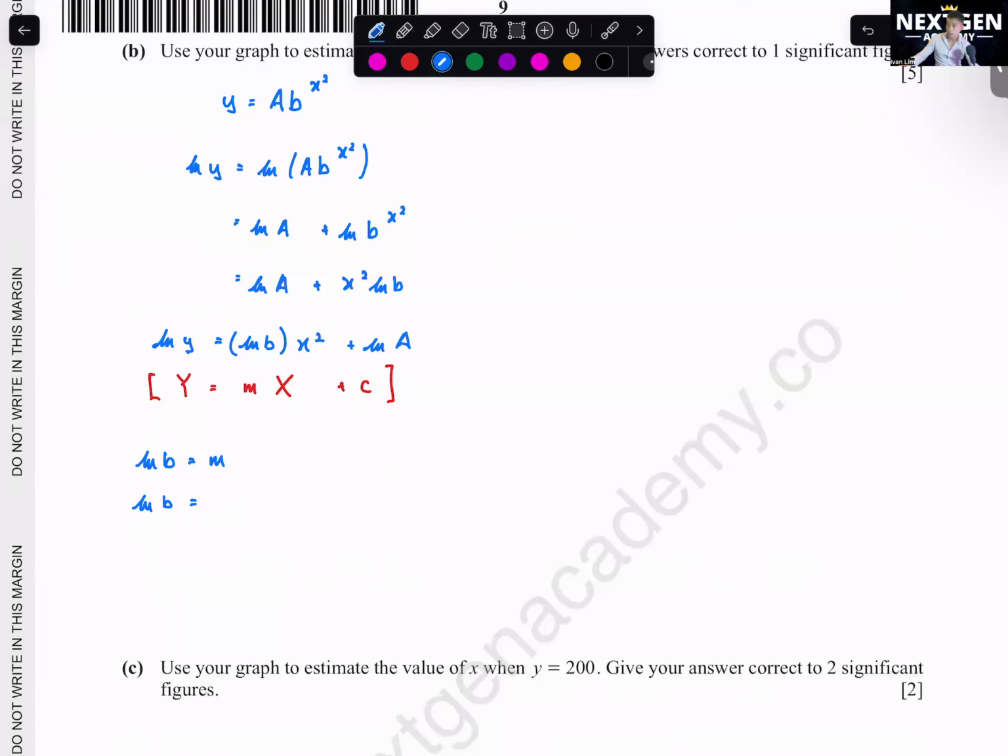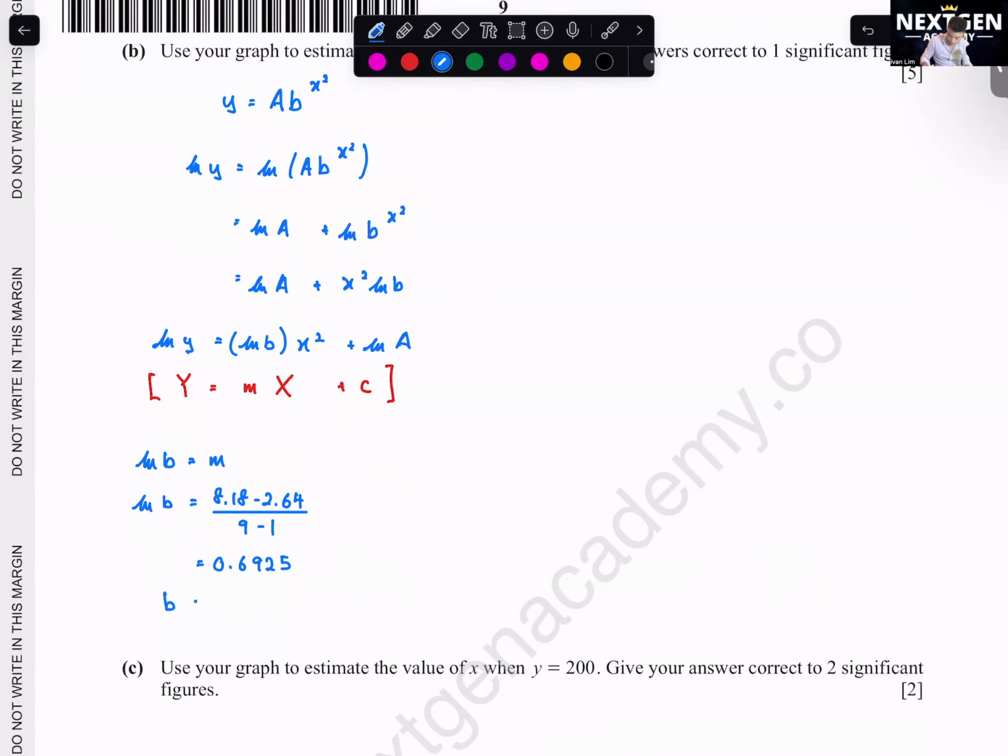So 8.18 minus 2.64 over 9 minus 1. Calculate this: 8.18 minus 2.64 divided by 8 is 0.6925.